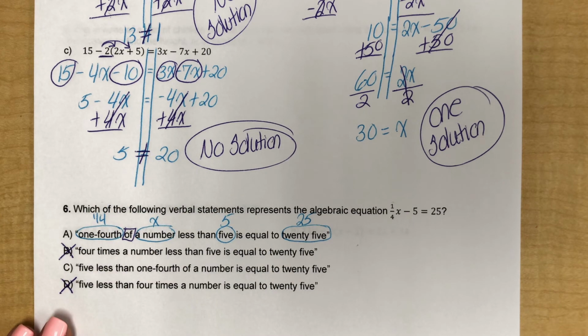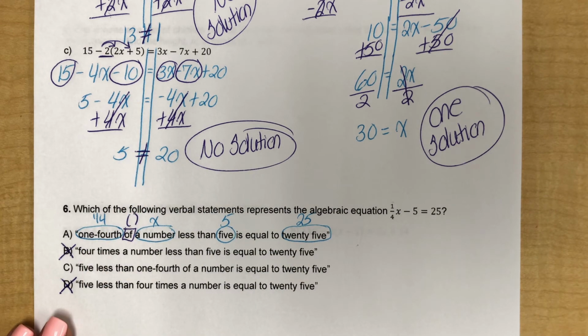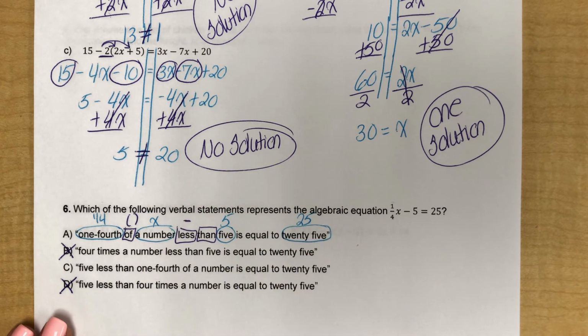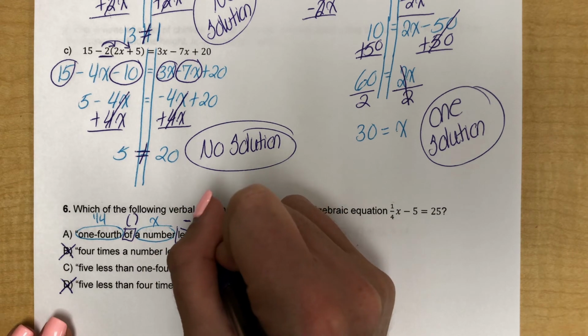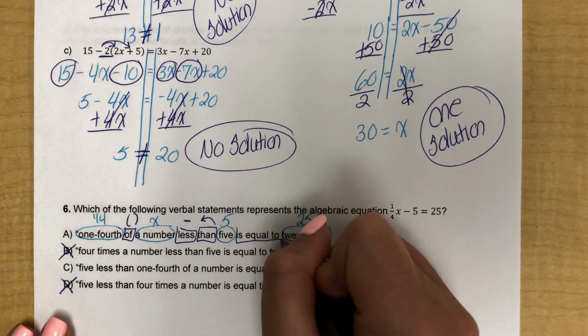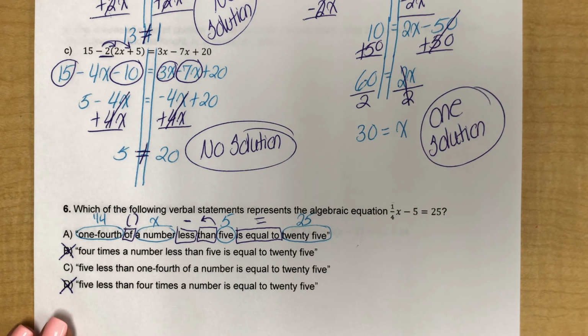If I have 1/4 of a number, that represents multiplication. I'm going to show that with parentheses. Less than. Less is a subtraction word. Then tells me to switch the order. And is equal to, well, if it's equal, it's equal. I'm just going to put an equal sign.